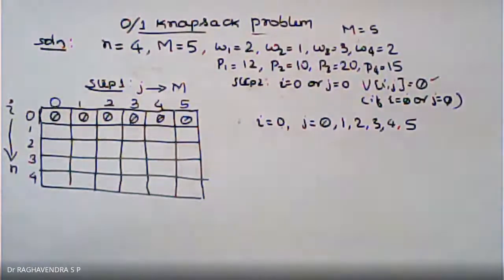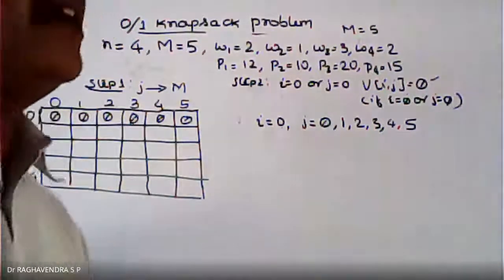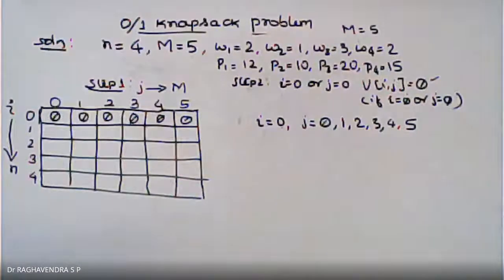Similarly, write, continue. Similarly, when J is equals to 0, what do you write in the bracket? What does J mean? Remaining capacity. Okay, write in brackets: when there is no knapsack, or when there is no remaining capacity, both are the same.